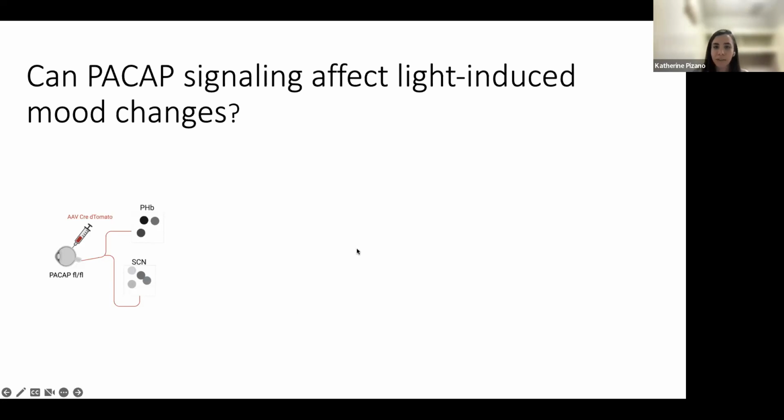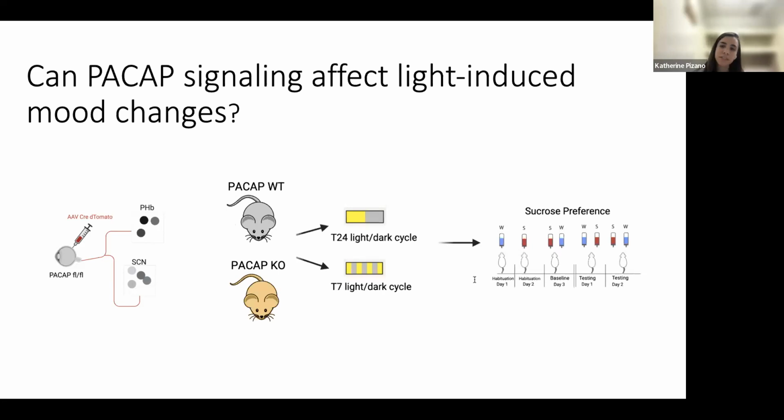And then after waiting a few weeks for viral expression, we can place both these PACAP knockout animals and their wild type littermates under either a normal T24 light cycle or that aberrant T7 light cycle that I briefly discussed before.